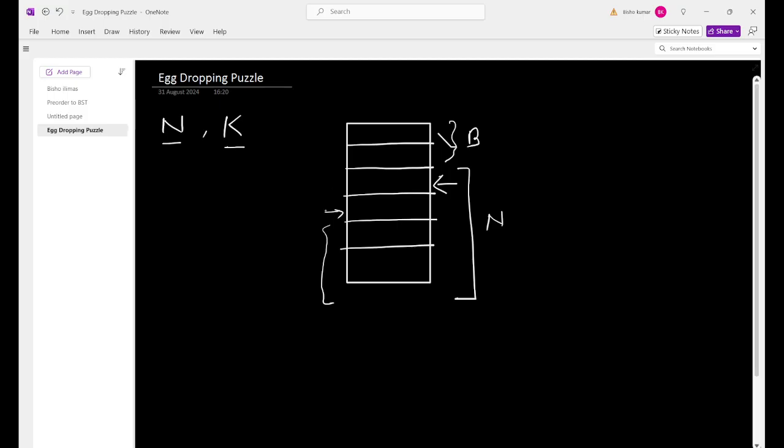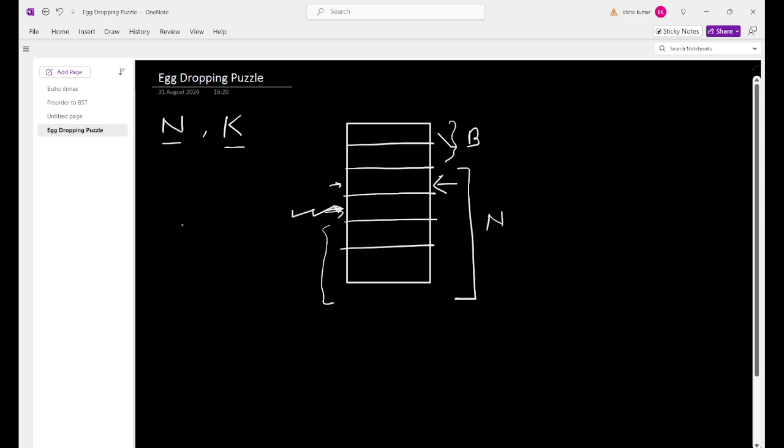If you drop the egg from this floor and it does not break, and from this floor it breaks, then your required floor is this. The final answer is the number of steps needed to find this floor.